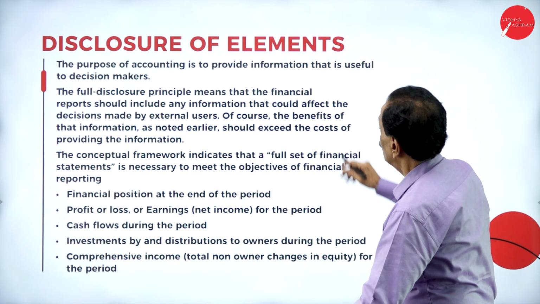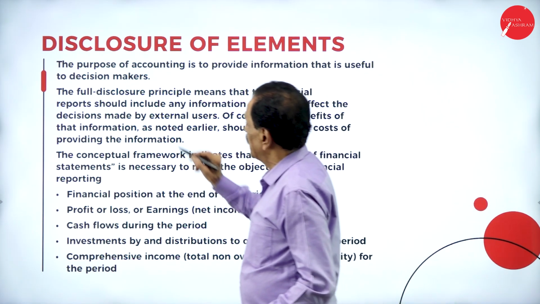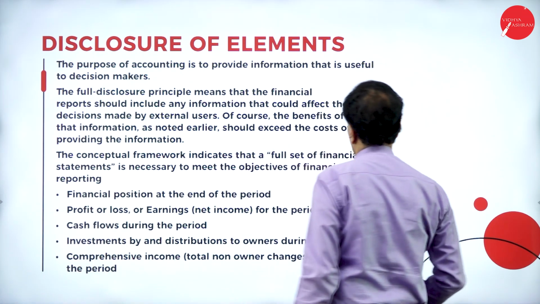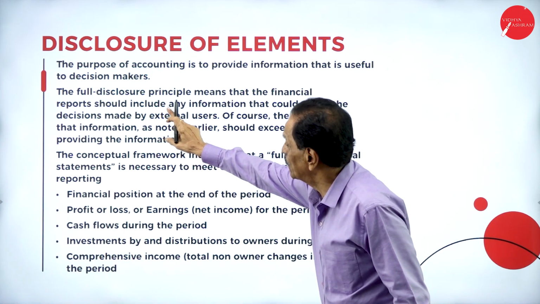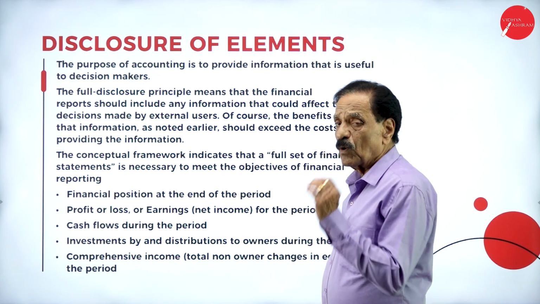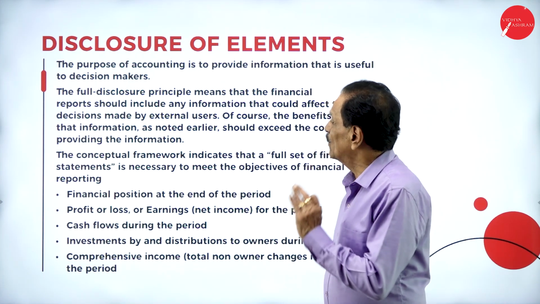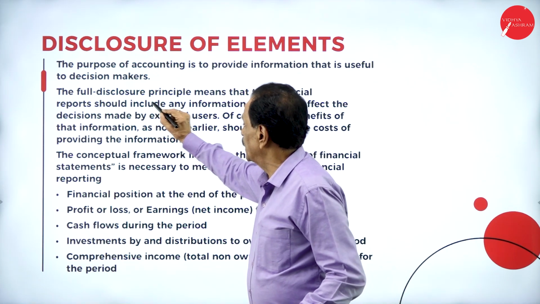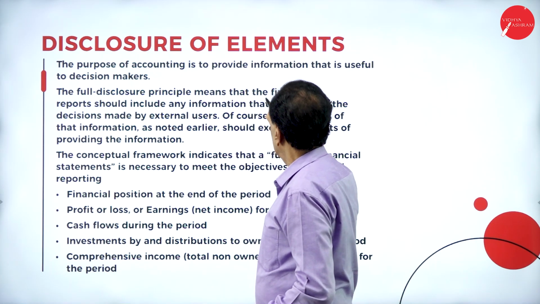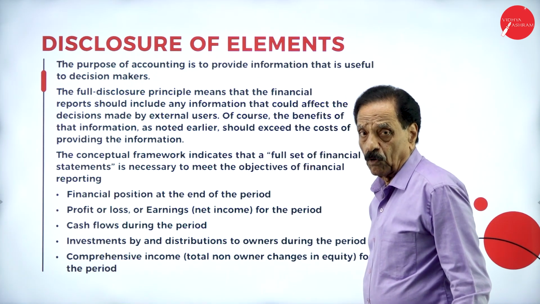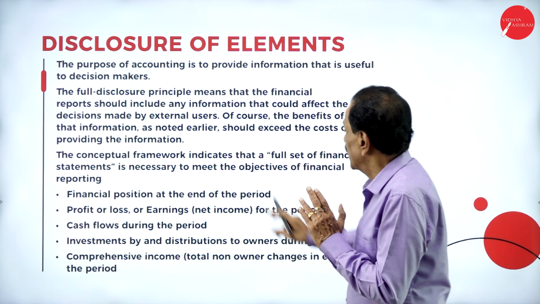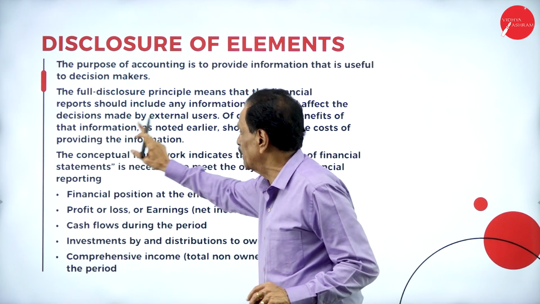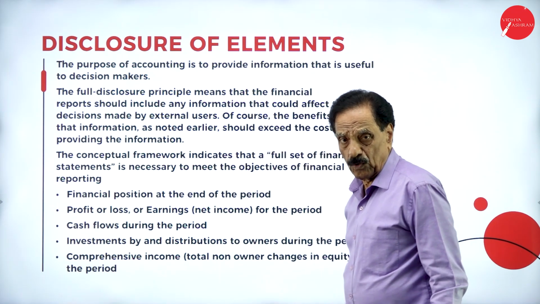Then disclosure of elements. The purpose of accounting is to provide information that is useful to decision makers. So whatever the decision taken, you have to take into consideration some of the information. The full disclosure principle means that the financial reports should include any information that could affect the decision made by external users.